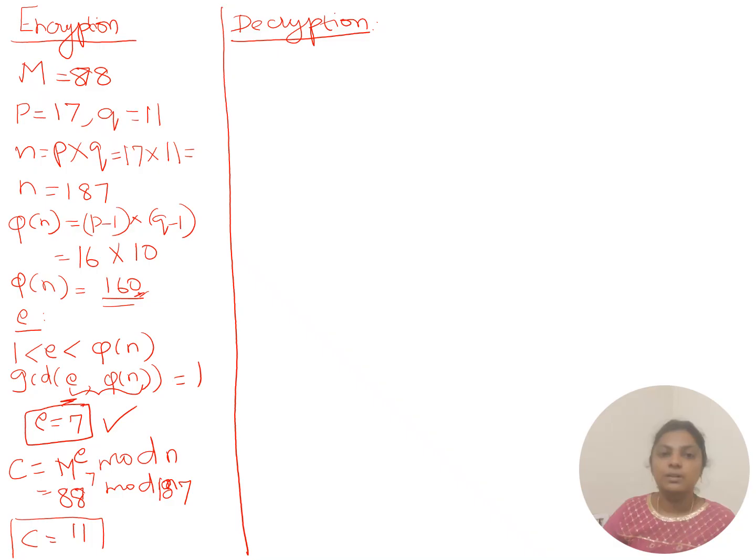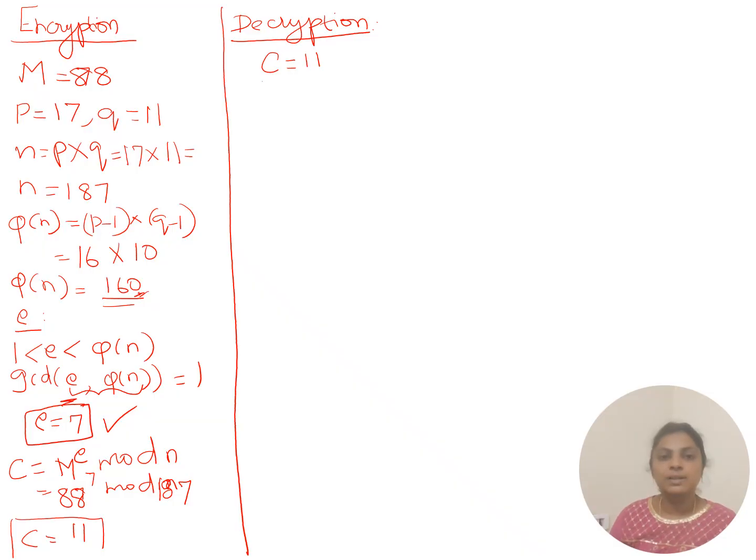So now the receiver side will be having the cipher value C equal to 11. We have taken a one character value, but it will be a sentence or a paragraph. So such many blocks of encryption and decryption will happen. We are doing it for a sample for one character.